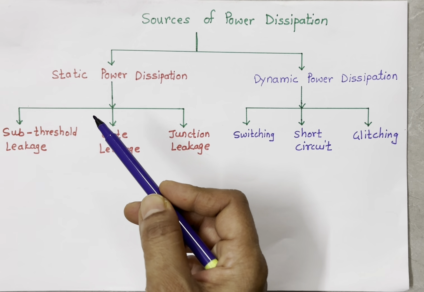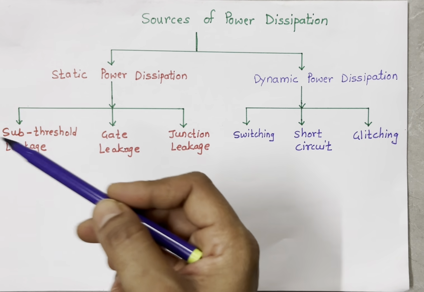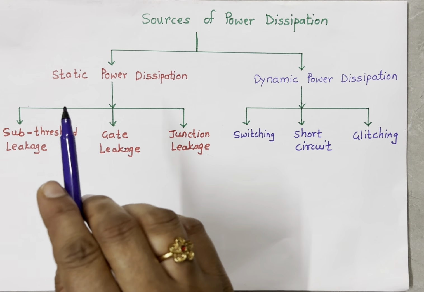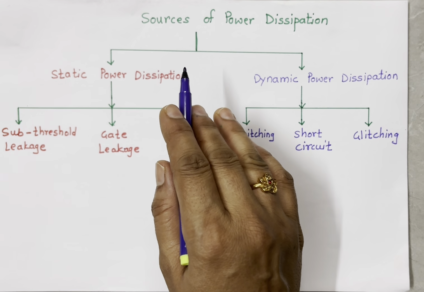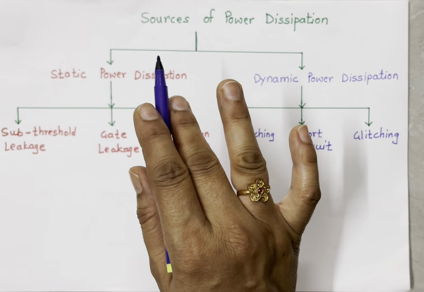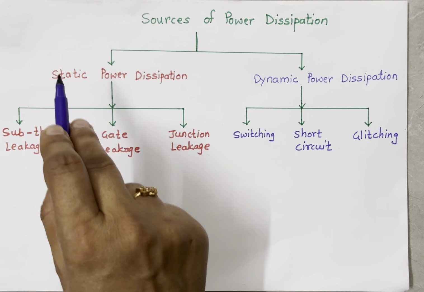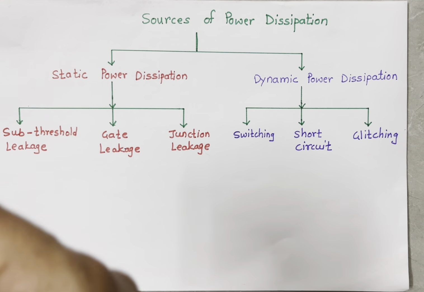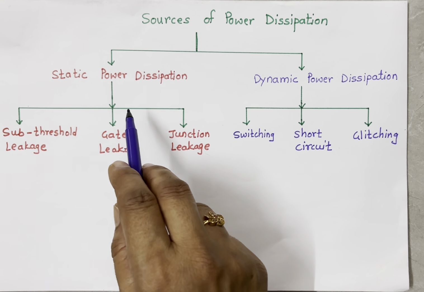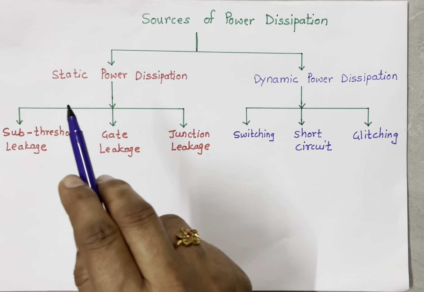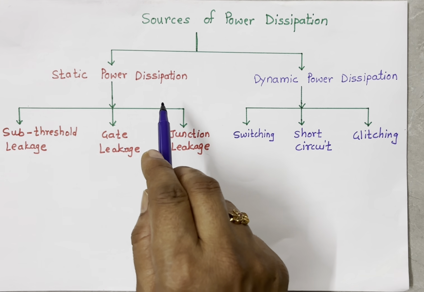Static power dissipation is the power consumed by a circuit when it is not actively switching, or when the circuit is in idle state, and this power dissipation is because of leakage current flowing through MOSFET. So sometimes static power dissipation is also called leakage power dissipation.